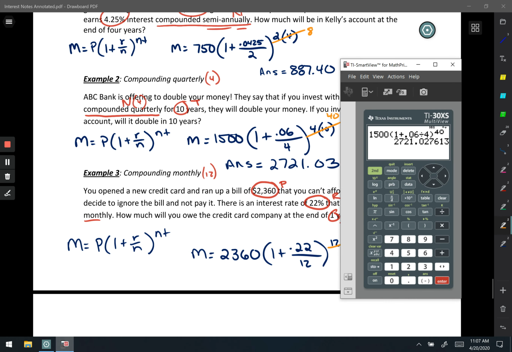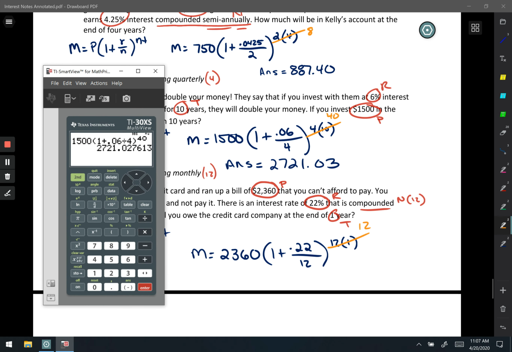Let me bring up my calculator, move it a little bit so we can see the problem. Hit clear. I'm going to go 2360, parenthesis, 1 plus 0.22 divided by 12. Close it. Carry it to 12. Enter. My answer is going to be $2,934.89.